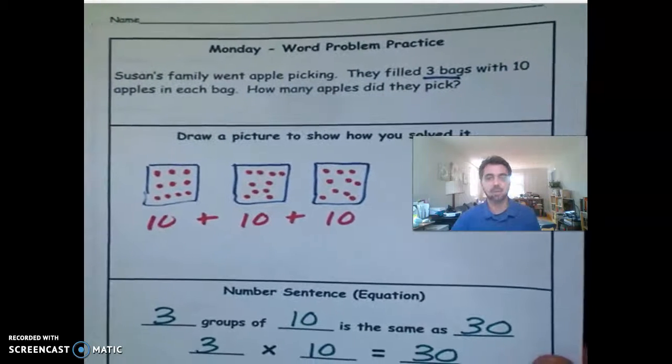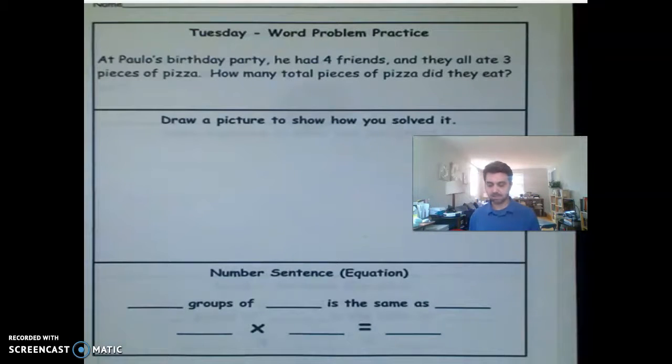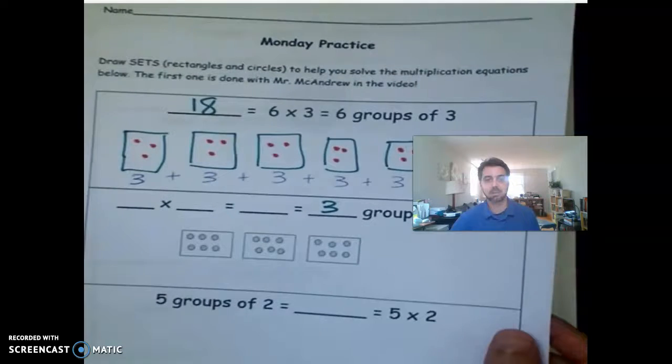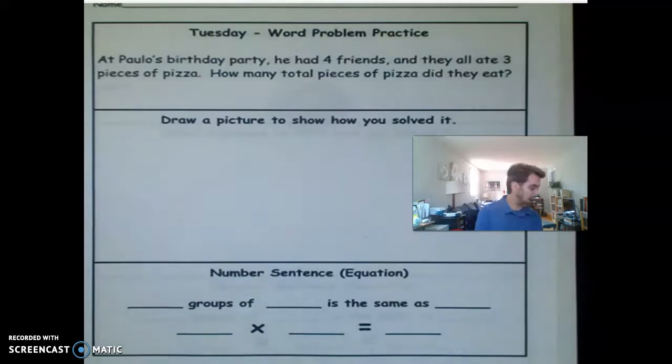This is one way to draw it, right? And we also drew it like this with rectangles and dots. Maybe you want to draw it a different way. So you draw it the way that you think. So pause the video now and then try drawing it, and then when you come back, we'll work on it together. Okay, so go ahead and do that, please.